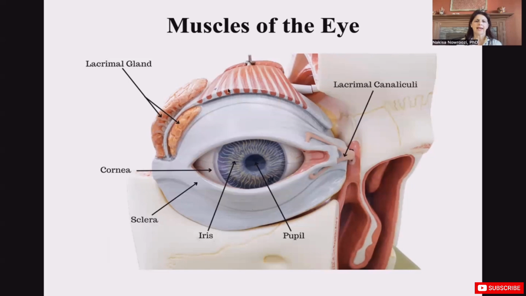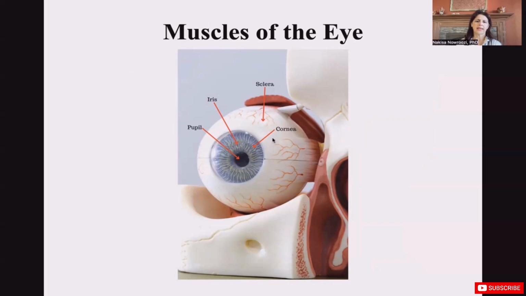Here we're looking at muscle of the eye. Again, on the top, you see superior rectus. And here we're seeing also lacrimal gland. Here we have cornea, we have sclera, we have iris, the colored part of the eye, and pupil. This is the duct, the canaliculi for the lacrimal gland, lacrimal canaliculi.